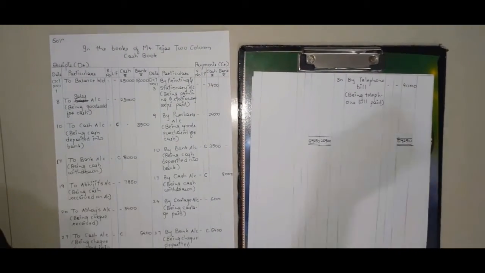Okay, now the payment side cash column is less than the receipt side cash column. So we will write down the amount here, 69,250, because the amount of receipt side cash column is greater than the amount of cash column of payment side.